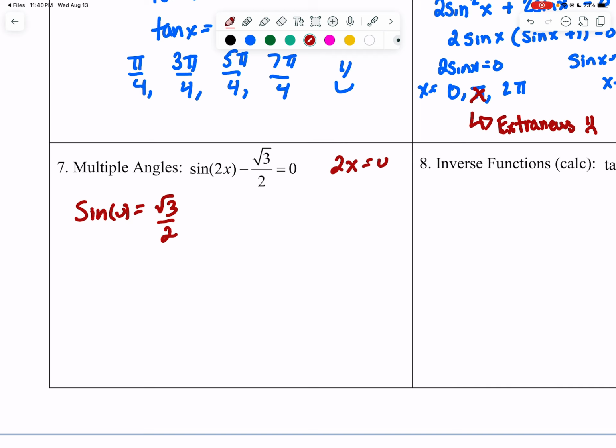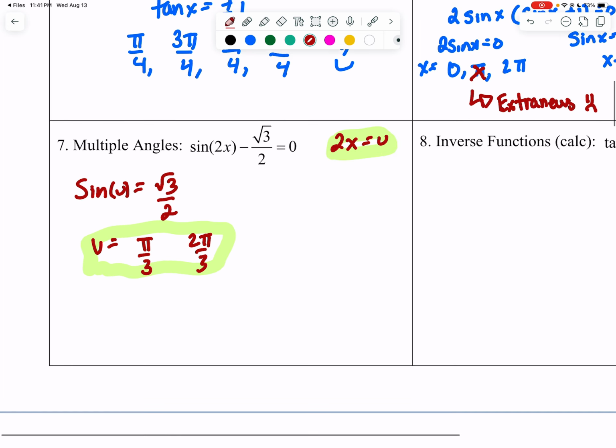Now, we know that when is sine √3 over 2? So we know that is at pi over 3. And then we also know that it's at 2 pi over 3. But remember that this is in terms of u, but we want this to be in terms of x.